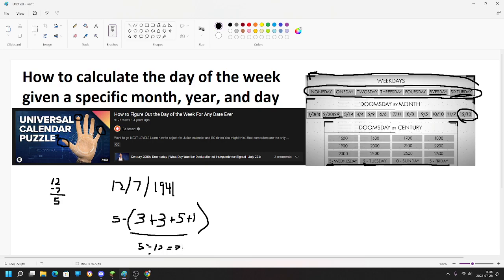And you always want to subtract the 7, because you do not want 7 goes into 7 one time, because you will never get Sunday. You will always get Monday. You want to subtract 7 from your final answer until it gets below 6.